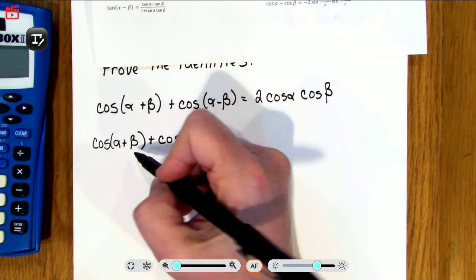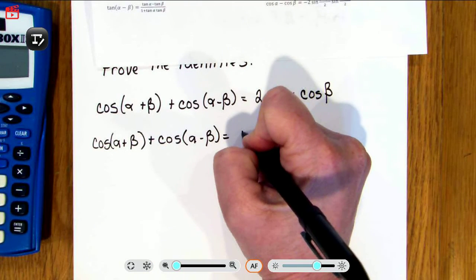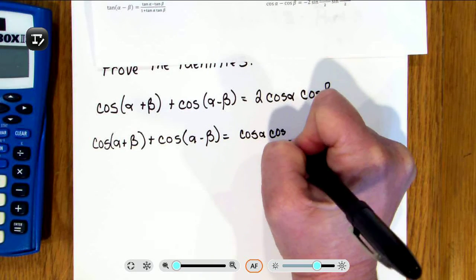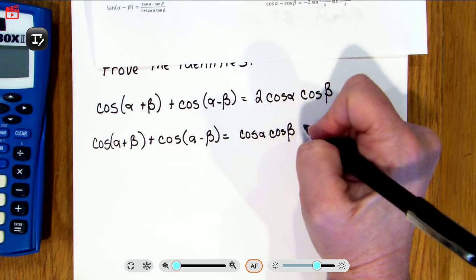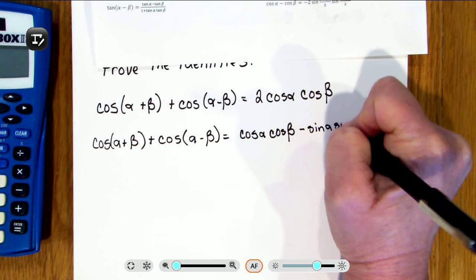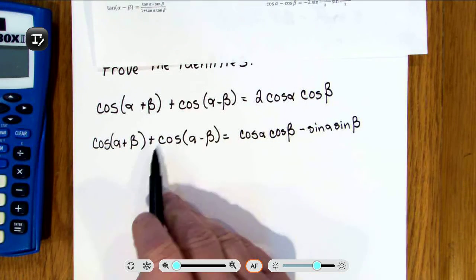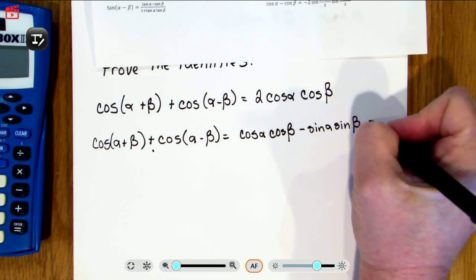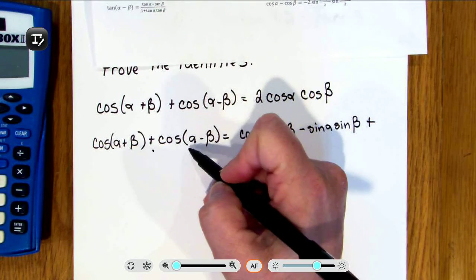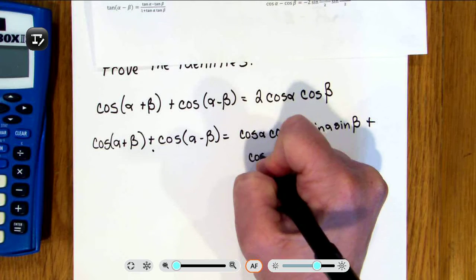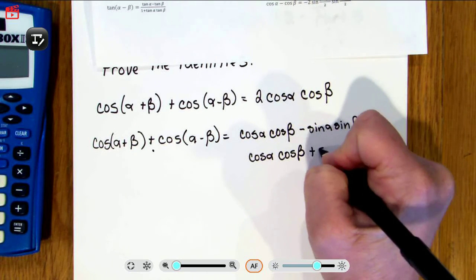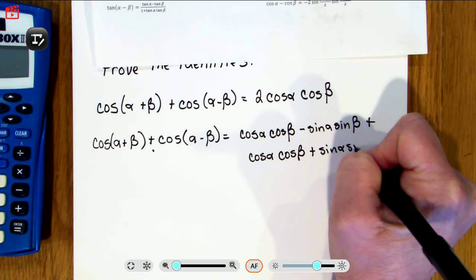So the cosine of alpha plus beta, right off the formula sheet, is the cosine of alpha cosine of beta minus the sine of alpha sine of beta. And to that we are supposed to add, so I'm going to just kind of continue because I'm running out of paper, the cosine of alpha cosine of beta, and then plus the sine of alpha sine of beta.